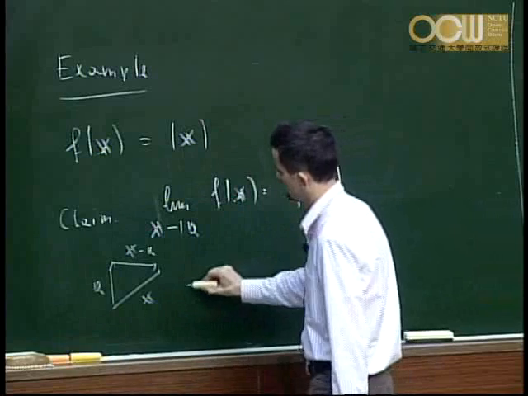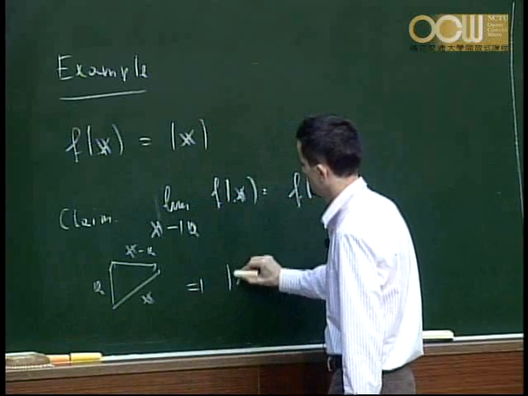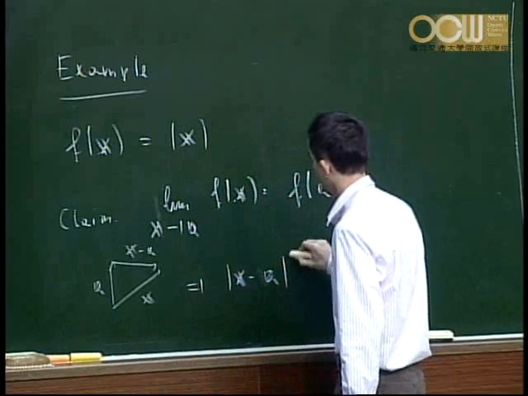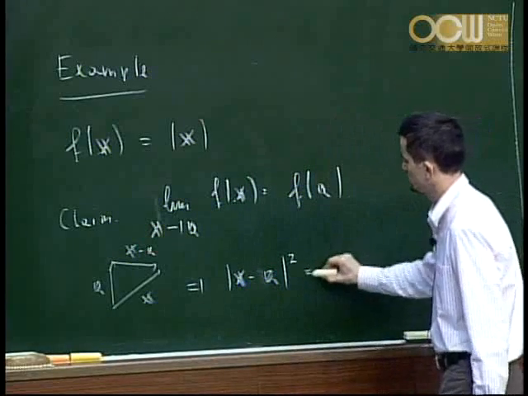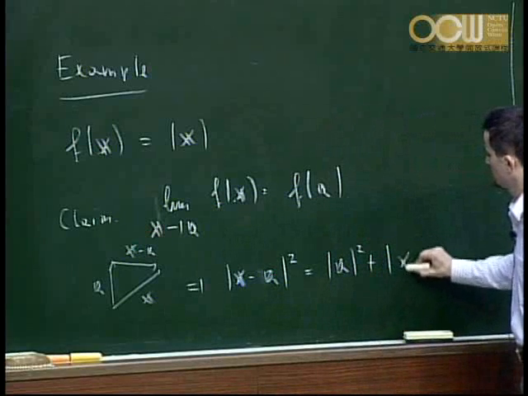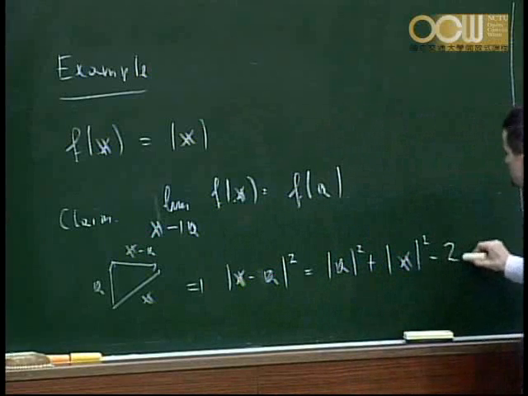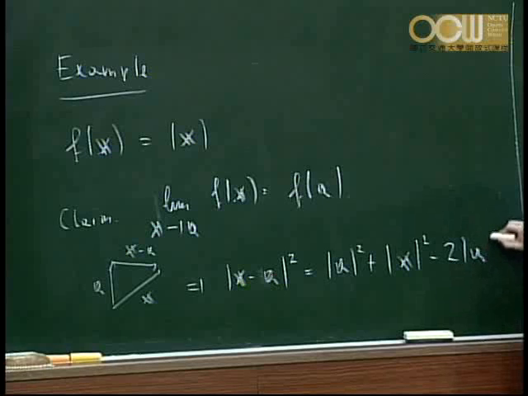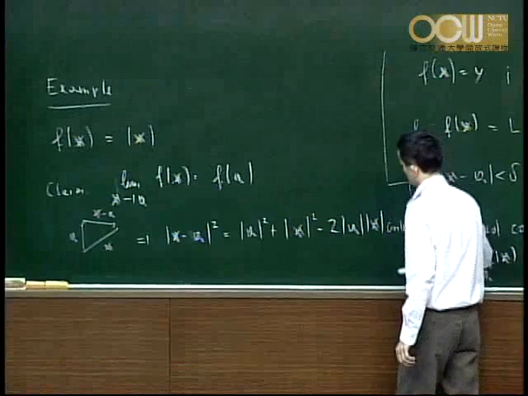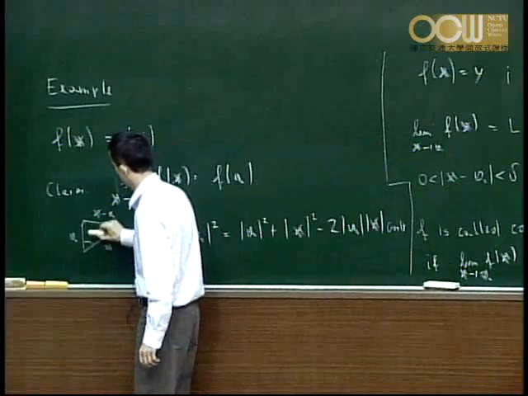You know from simple geometry that the length of this vector squared will be equal to the length of a squared plus the length of x squared minus twice the length of a times the length of x times the cosine of the angle between those two, where theta is this angle here.